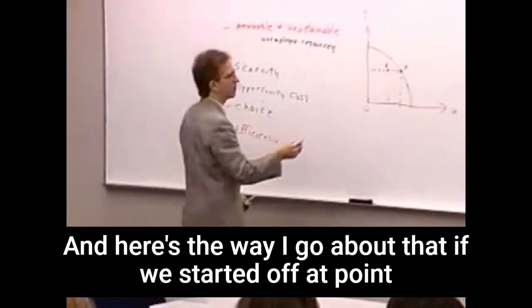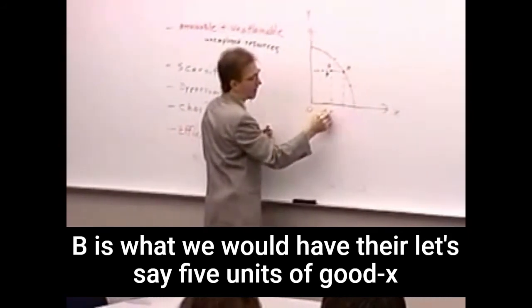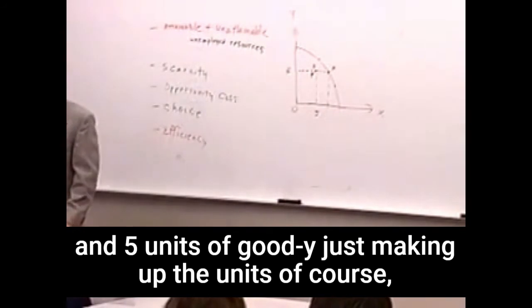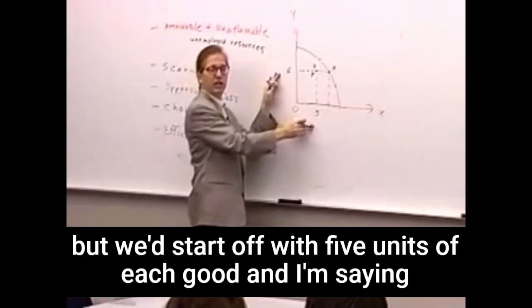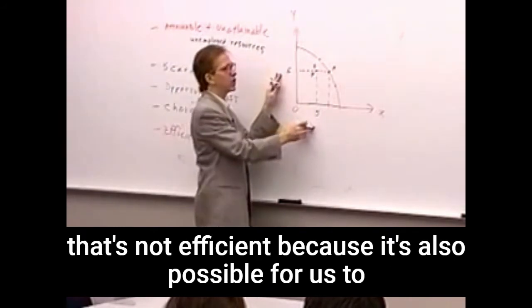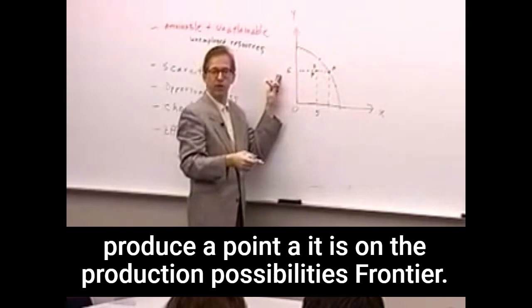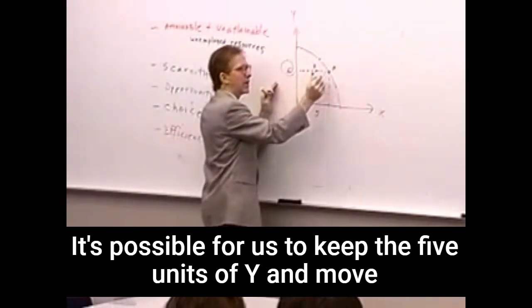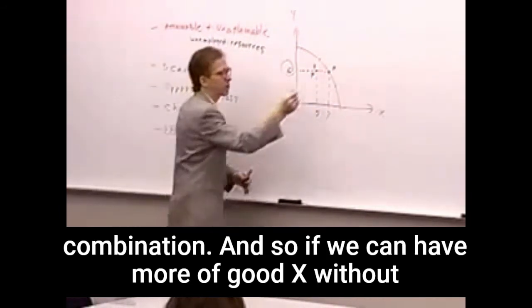If we started off at point B, let's say we have 5 units of good X and 5 units of good Y. I'm just making up the units, of course. But we'd start off with 5 units of each good, and I'm saying that's not efficient because it's also possible for us to produce at point A. It is on the production possibilities frontier. It's possible for us to keep the 5 units of Y and move over here and have, let's say, 7 units of good X at this combination.